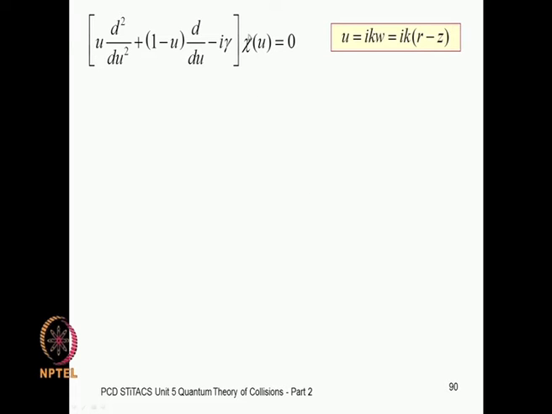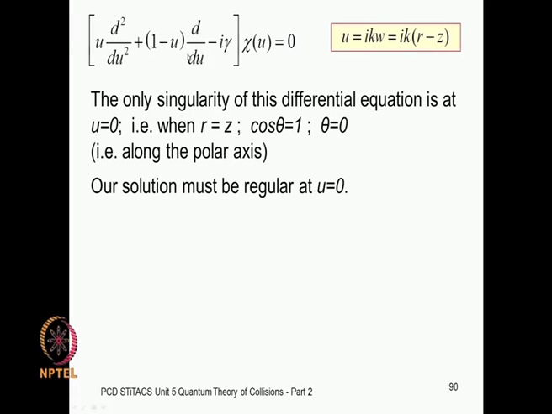So, let us go back to the differential equation for u, and now we have to worry about the singularities of this differential equation. So, where are the singularities? There is only one, and this is at u equal to 0, right, because u is multiplying this d2 over du2. So, this is the only singularity of this, and when is u 0?